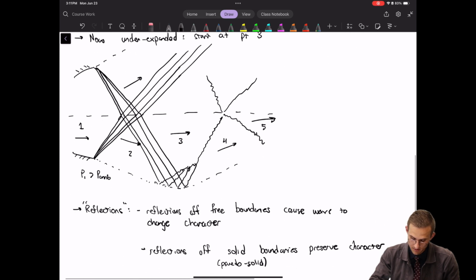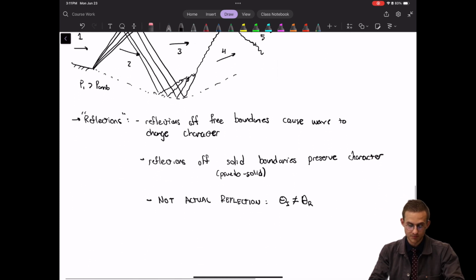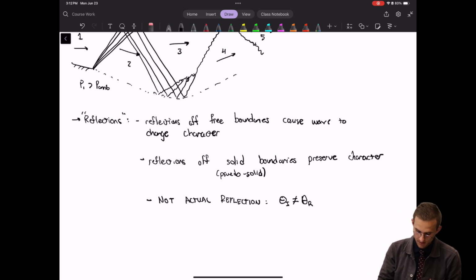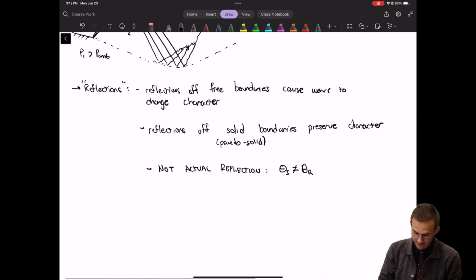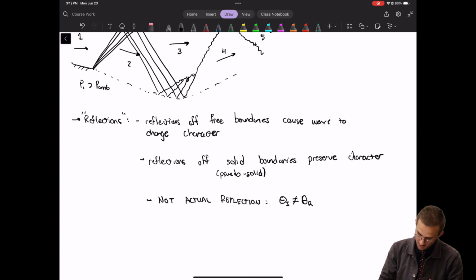Okay, just a way to help you draw the diagrams, but definitely not physically rigorous. Okay, cool. So that's a detailed discussion of over and under expanded nozzles.